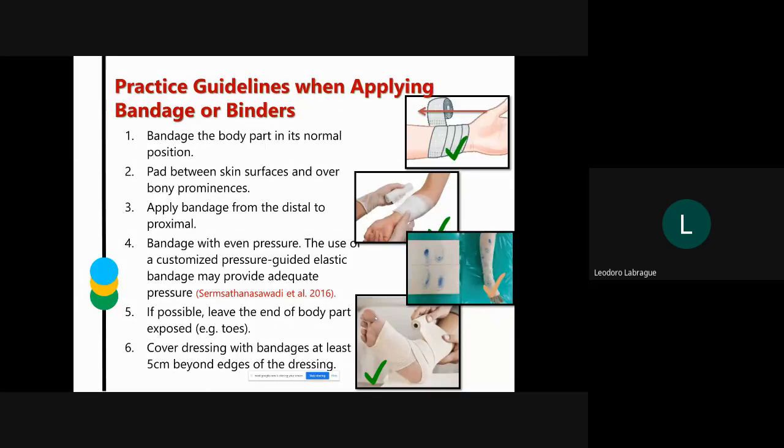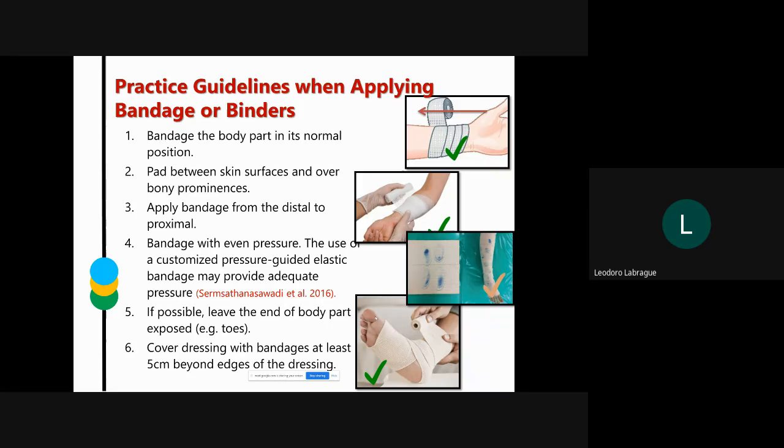It is where you're going to check whether the flow from this part to my fingers is adequate by assessing the toes or fingers, by checking for the capillary refill, and by checking for the color. The purpose is for assessment of the blood flow.